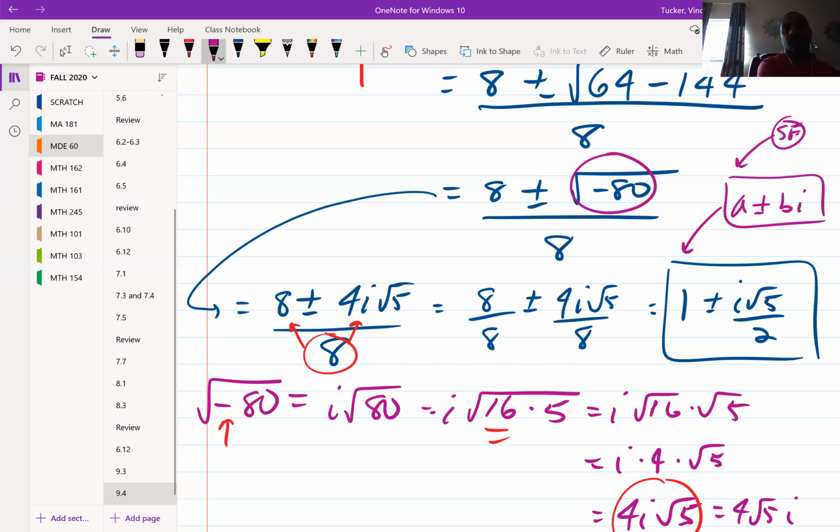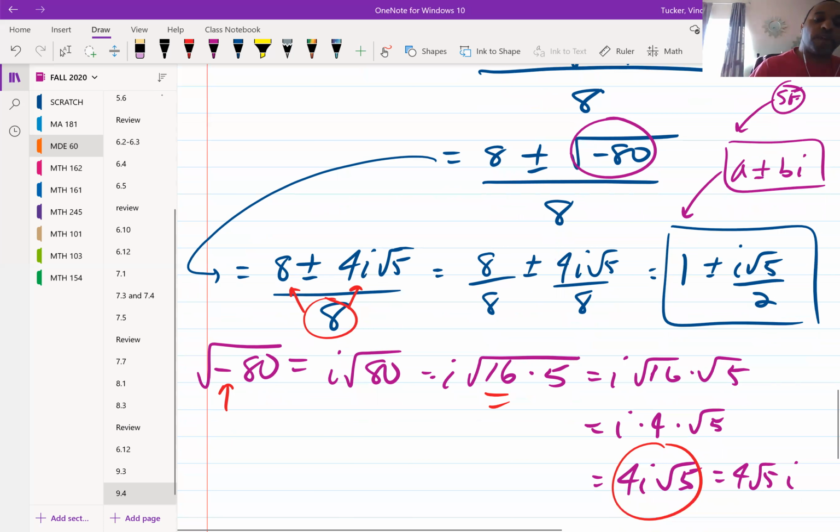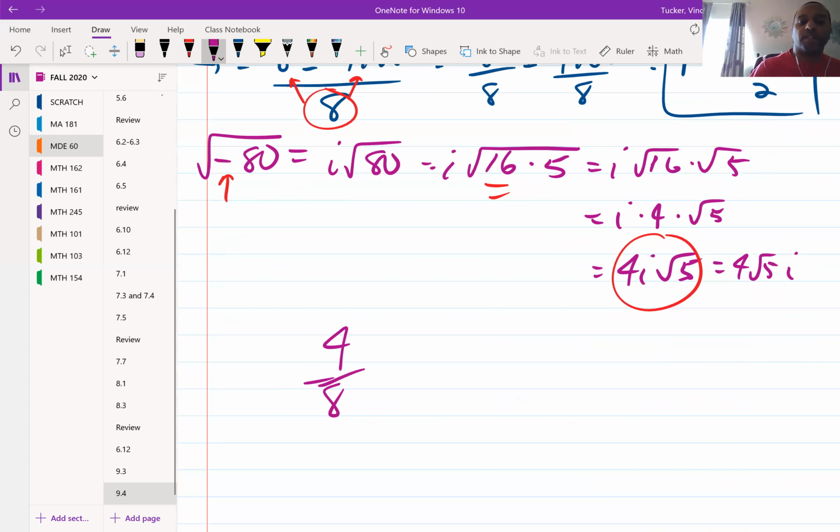Professor, what happened to that 4? You talking about this 4? Yes. It reduced into the 8. So if you have 4 over 8, how do you reduce that fraction? It's 1/2. That's what happened.